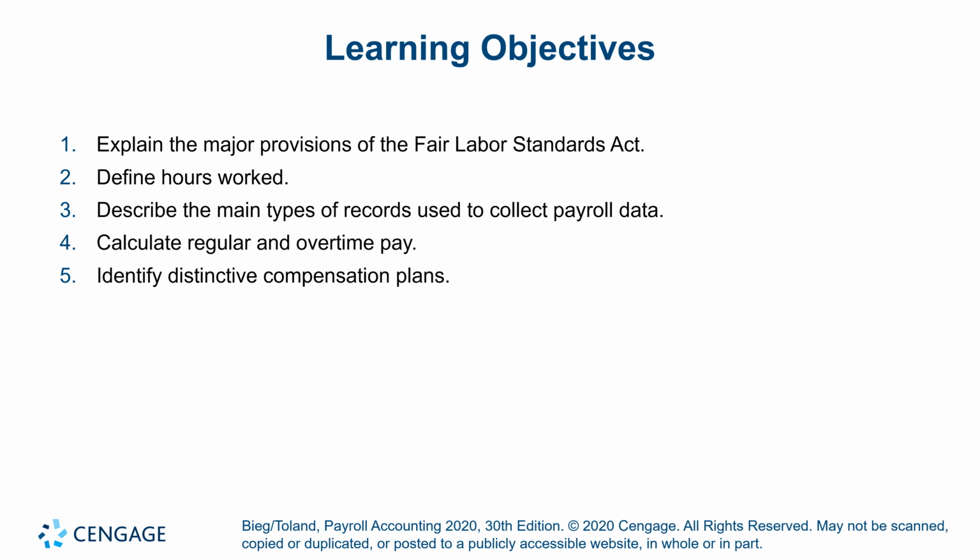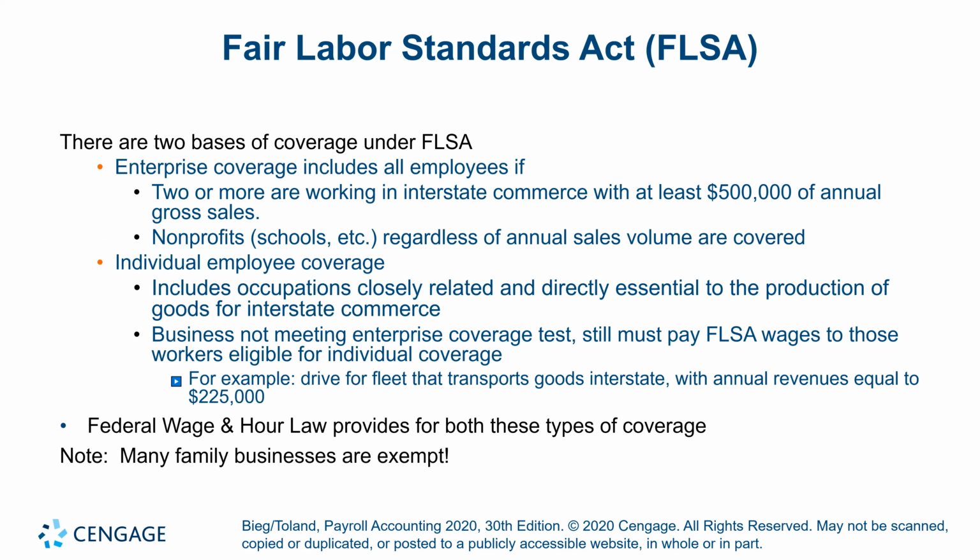And then learning objective 5, identifying distinctive compensation plans. For example, salaried non-exempt employees, fluctuating work weeks, piece rate plans, commission plans, different things like that we'll talk about as we go through the PowerPoint.